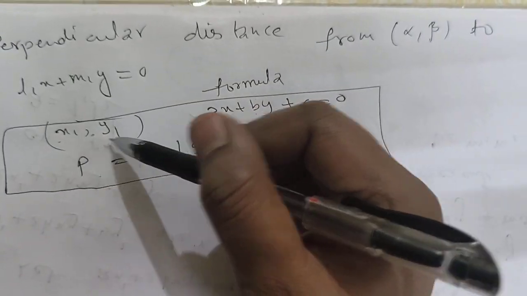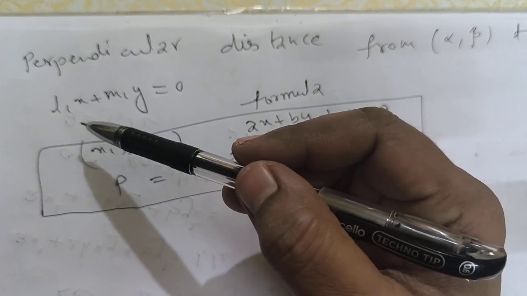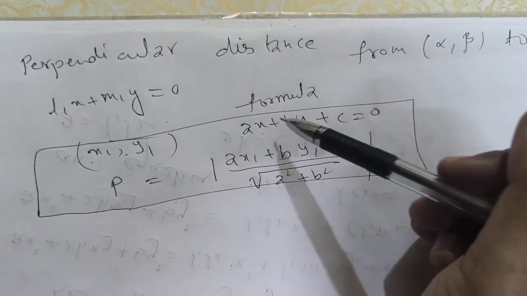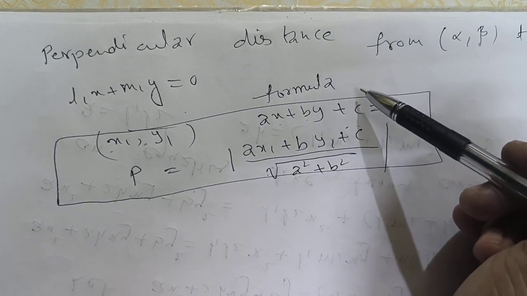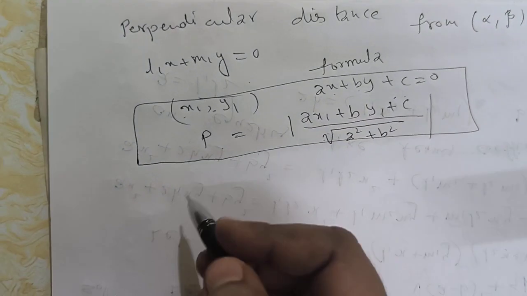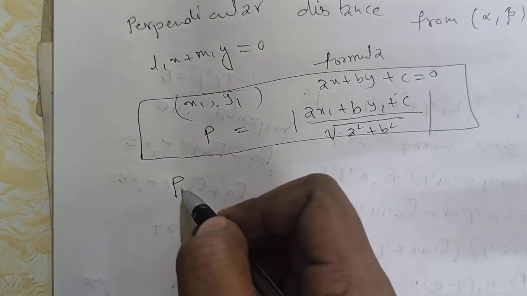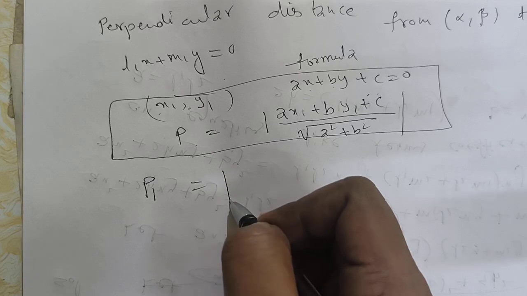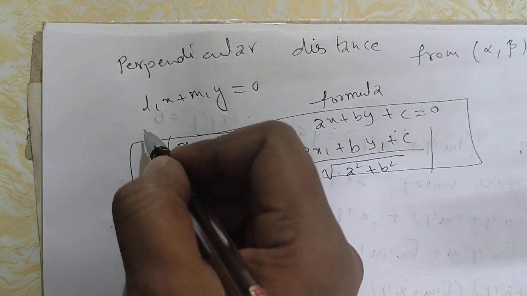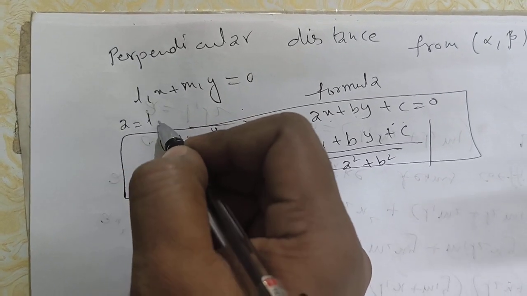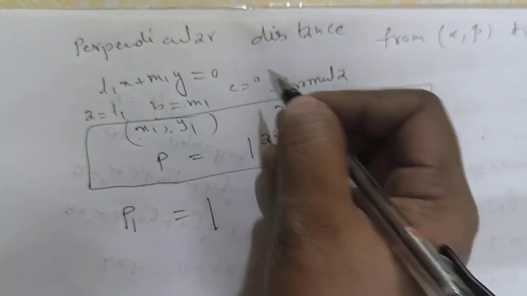So this is the general formula. In place of x1 y1 we have alpha beta, and ax plus by plus c means l1x plus m1y. We don't have c term, so the value of c is 0. So we have to find out two perpendiculars. First we will take p1 is equal to mod a, means a is equal to l1, b is equal to m1, c is equal to 0.